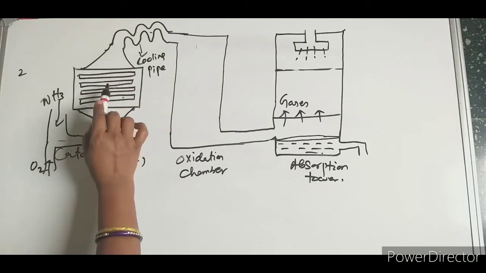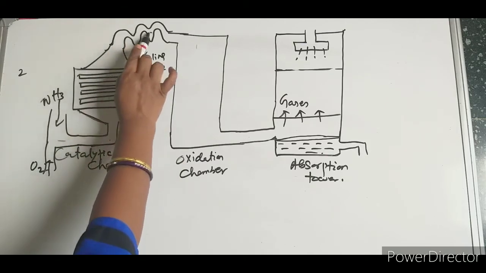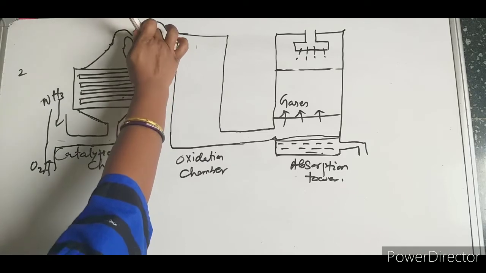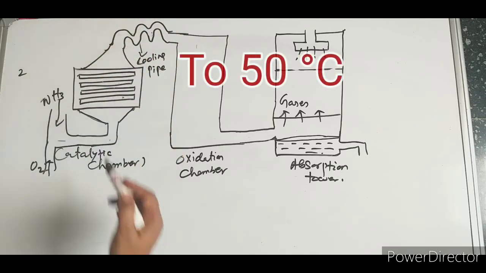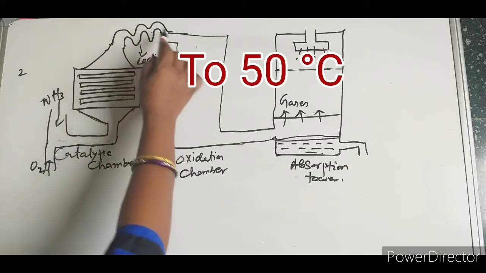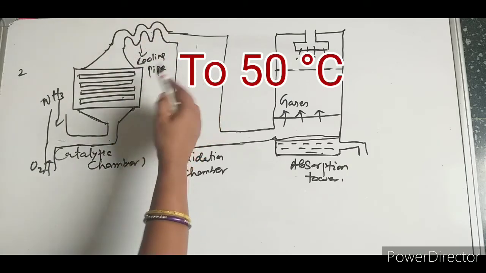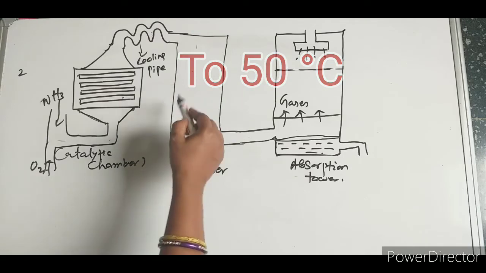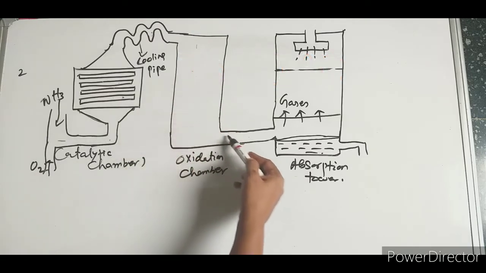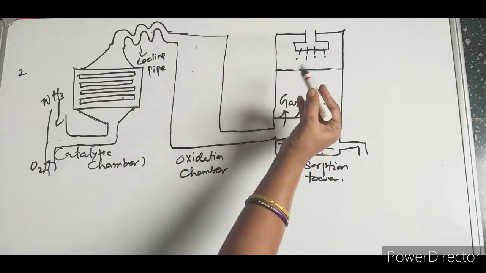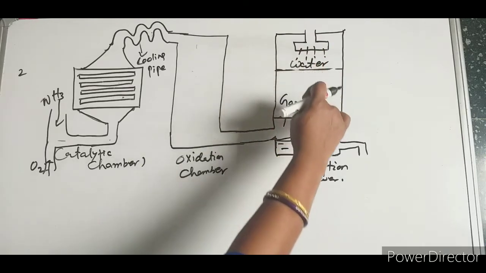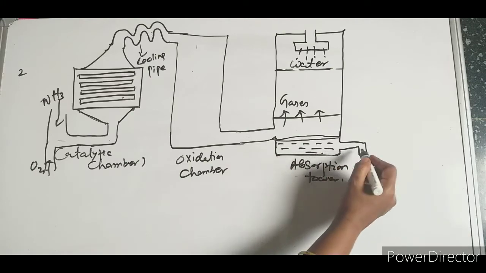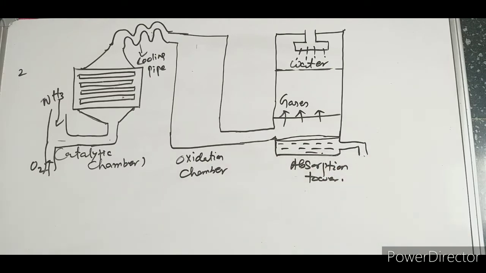By passing through the cooling pipes, the temperature can come down to 250 degrees. Then it goes to the oxidation chamber, where NO is converted to NO2. When this NO2 comes in contact with water, HNO3 is formed, and it can be taken out through the tap.